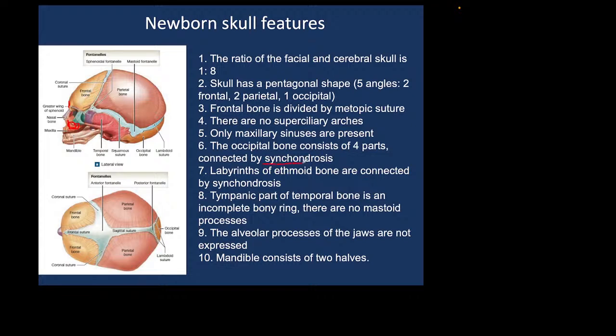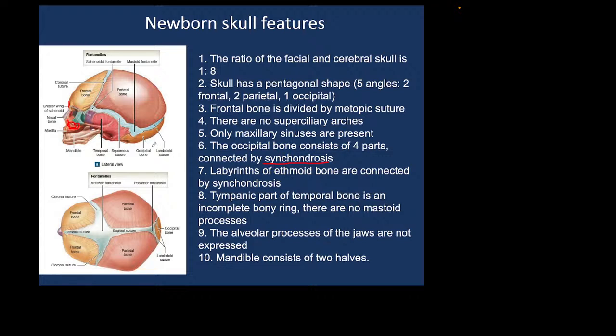It's typical that the inferior parts of the neurocranium bones consist of cartilage, and when they join together, this is the synchondrosis.